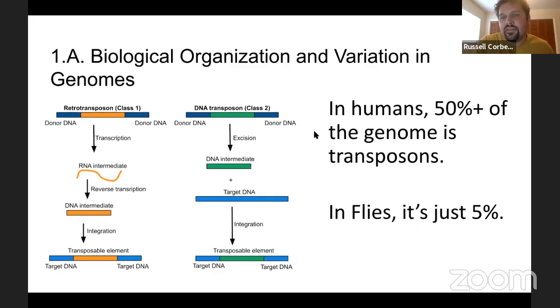And the big reason for that is what I'm showing you here. These are something called transposable elements. These are so-called selfish DNA, right? Or RNA in some cases, but they're things that live in your genome and they're parasites. Their goal is to replicate themselves and make more of themselves in the genome. And they do this through a whole bunch of different tricks, which I'll tell you about as we go along in the class.